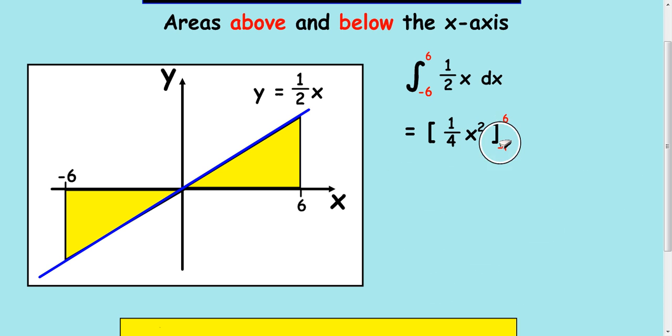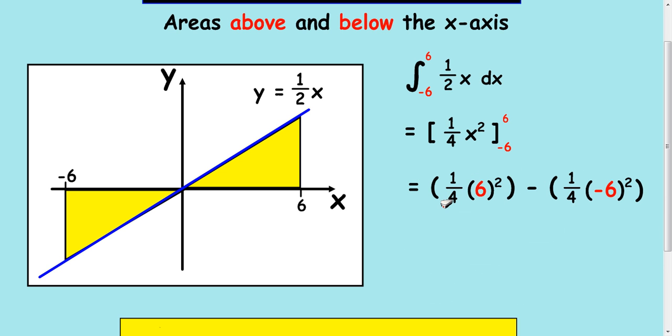So a quarter x squared between 6 and minus 6. Sub in the 6, and then take away the negative 6. So we're going to get a quarter of 6 squared, which is a quarter of 36, which is 9, and a quarter of negative 6 squared, so that's a quarter of 36, which is 9. 9 take away 9 gives 0 units squared.